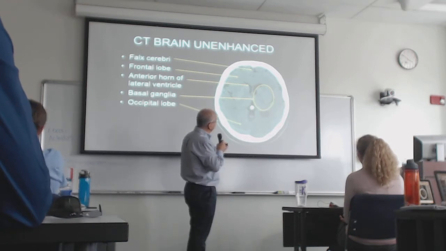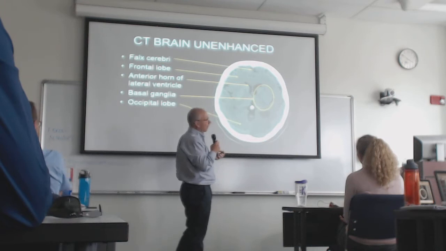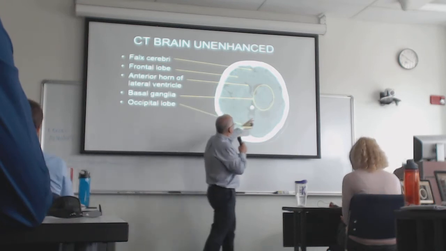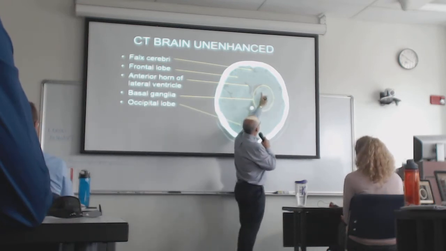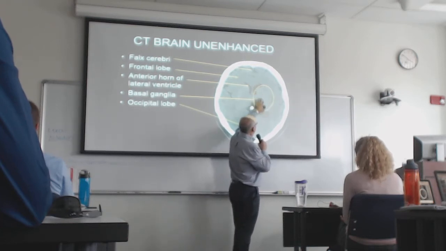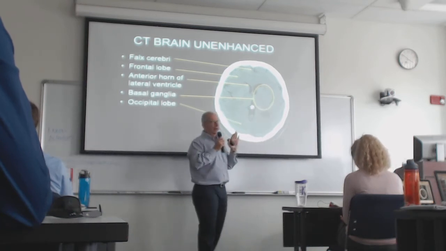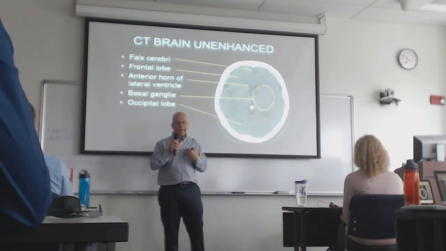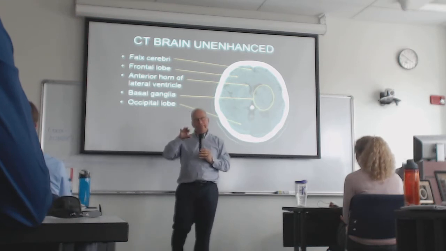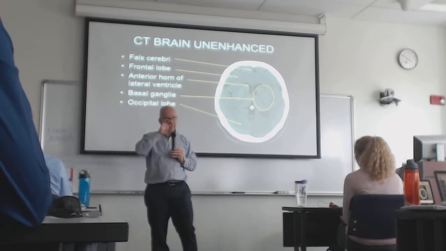It may read a little better on your slides, I'm not sure, but there are some density differences here. There's the internal capsule, there's basal ganglia here, the caudate nucleus, putamen, globus pallidus. On a CT scan that I'm looking at for diagnosis, if it's a young patient, I can identify all of those structures.